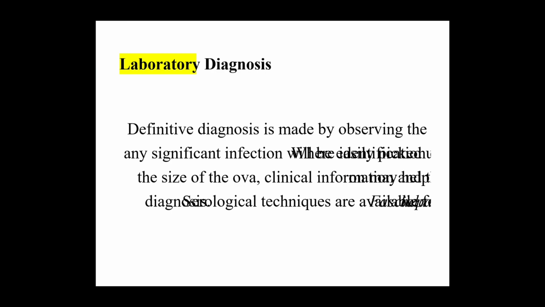Definitive diagnosis is made by observing the ova in feces, because this stage can be excreted from the GI tract with stool. Since the flukes are very prolific, any significant infection will be easily picked up, though identification cannot be made from the size of the ova.